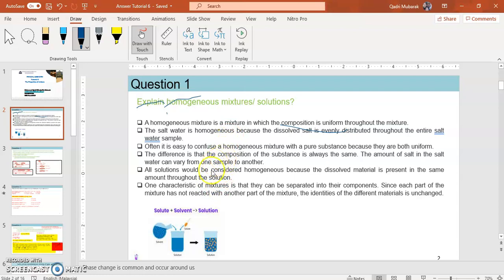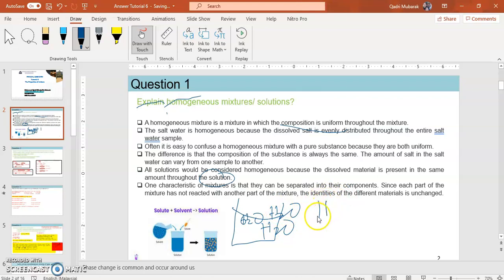The characteristic of a mixture is that it can be separated into its components, since each part of the mixture has not reacted with another part of the mixture. For example, if we have H2O molecules here, so here is the mixture. So why is it a homogeneous mixture?